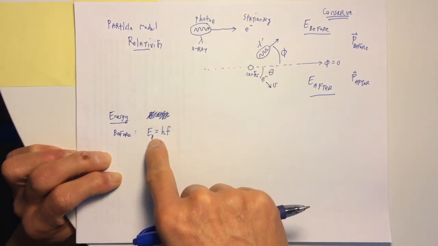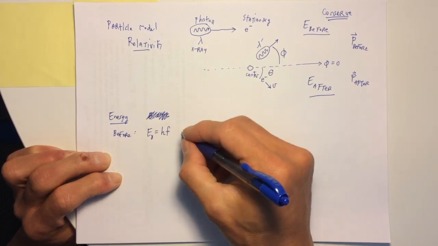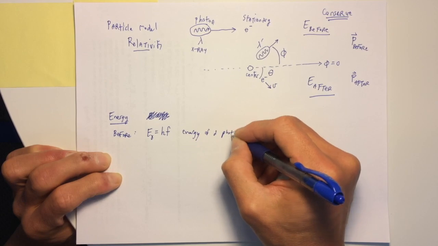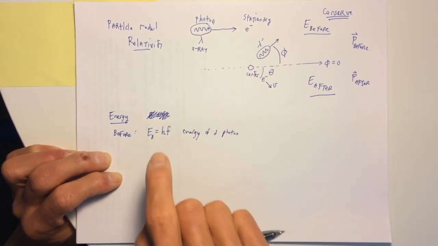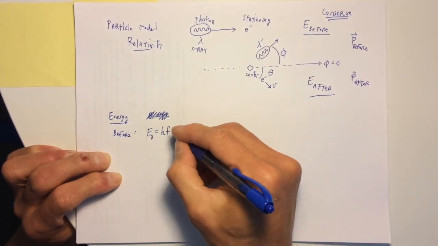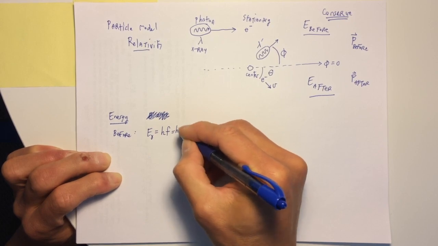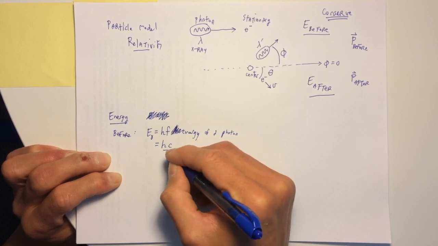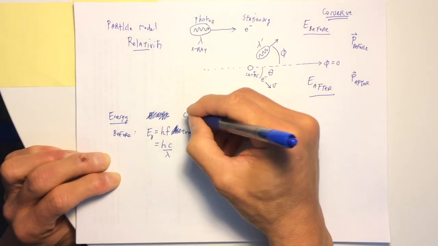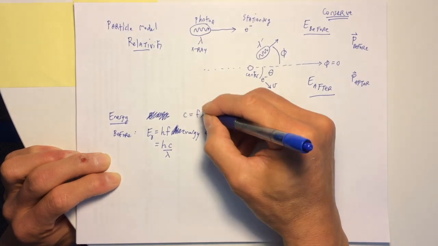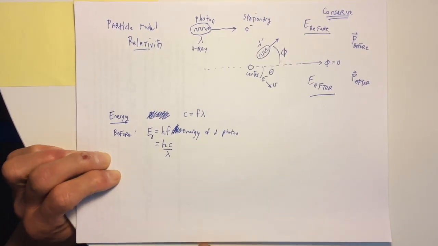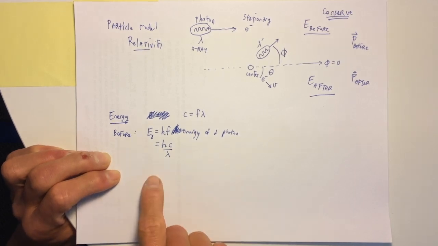So this is the energy of a photon. But you can also write this as hc over lambda, because all I did was I used the relationship between wavelength, frequency and speed. So I write it as hc over lambda. So that's the energy of a photon.